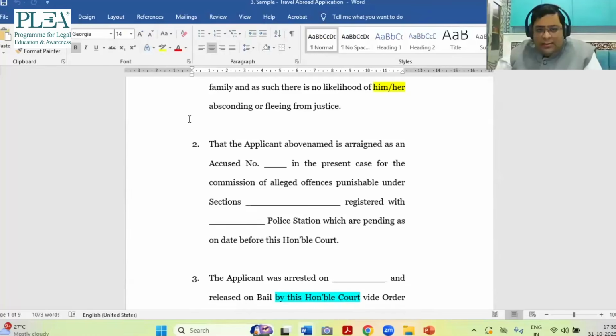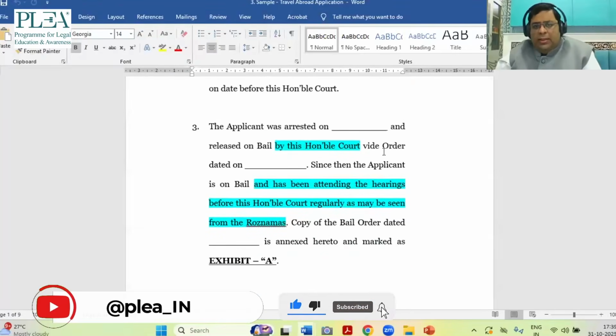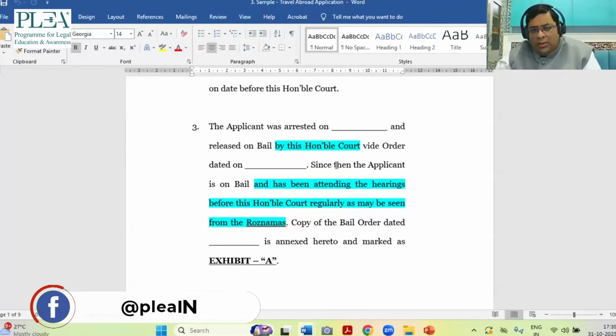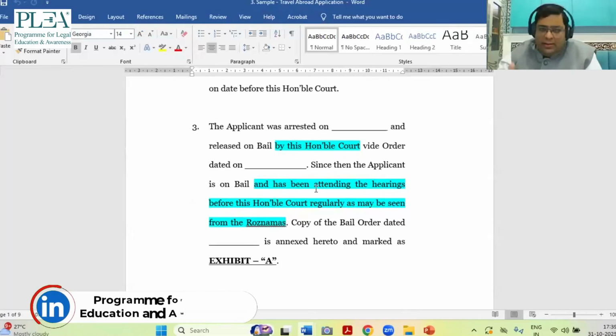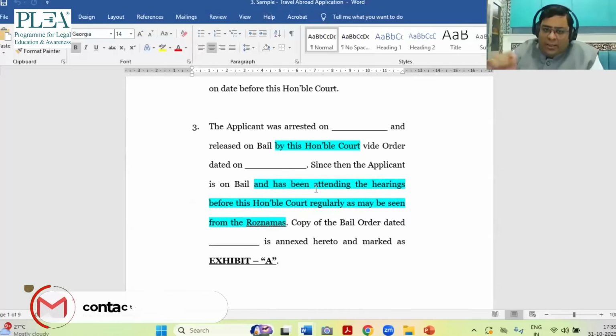Then he is arraigned as accused number so and so in the present case, FIR number, police station, offenses. He was arrested on so and so date and granted bail either by this court, which would imply the trial court itself, or by whichever court by order dated so and so. Since the applicant is on bail and is attending hearings, if the applicant is frequently attending the court, that gives an added advantage.